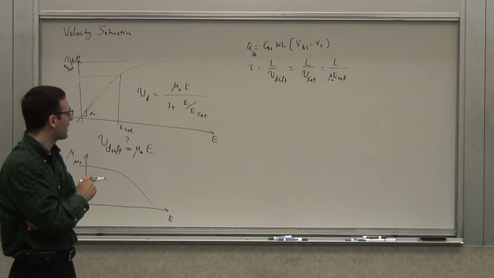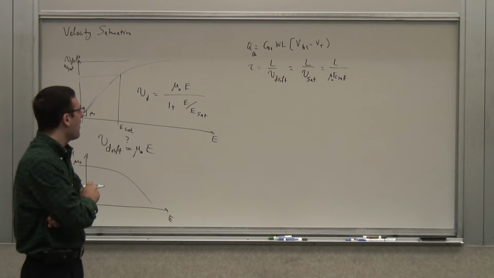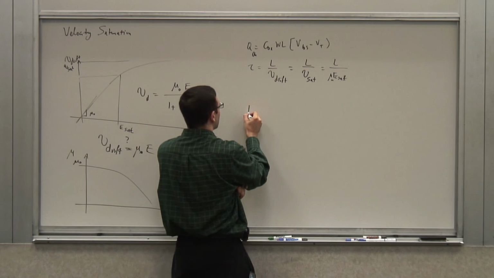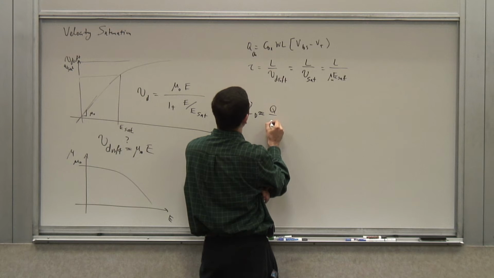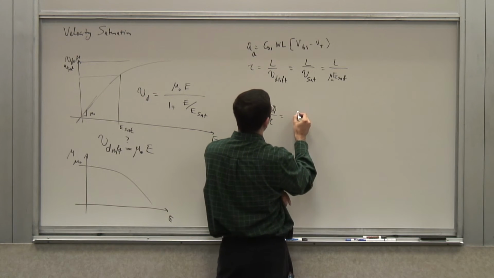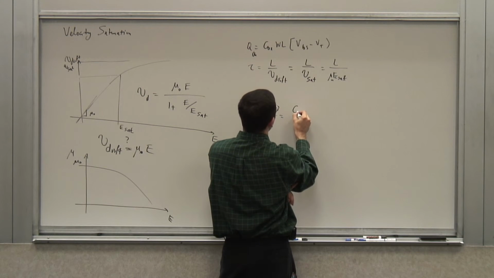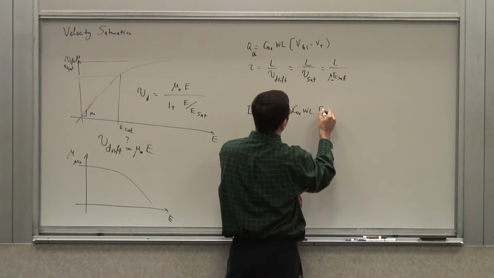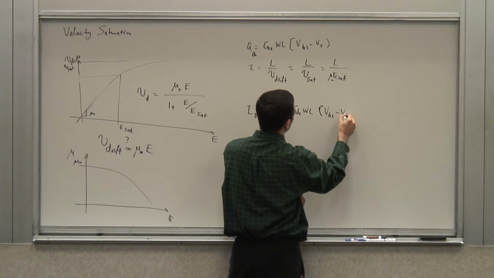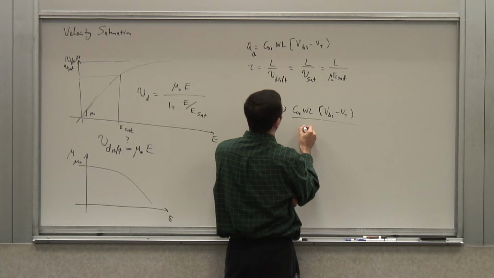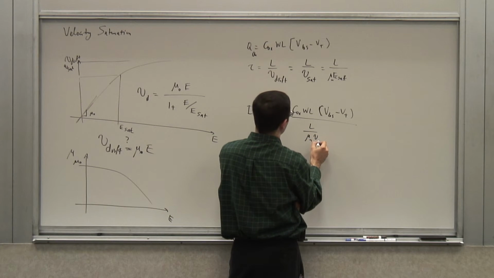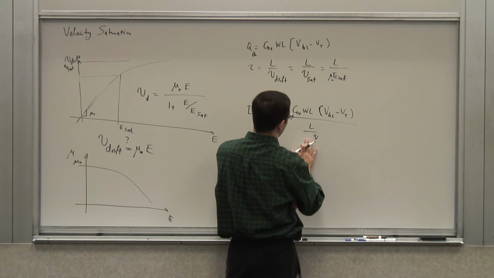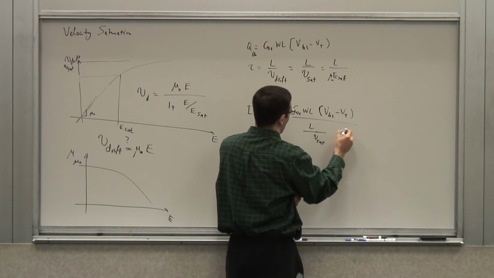Okay? Something like that. Now, what is the current? So the current, again, these are approximate, is approximately Q over tau, which is going to be what? You can see you got Cox W L (V_GS minus V_T) divided by L over V_sat.